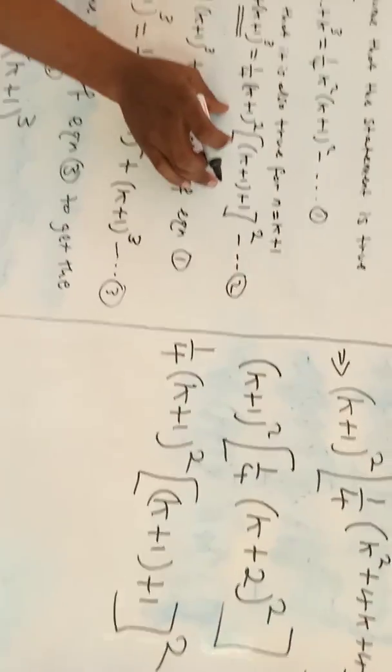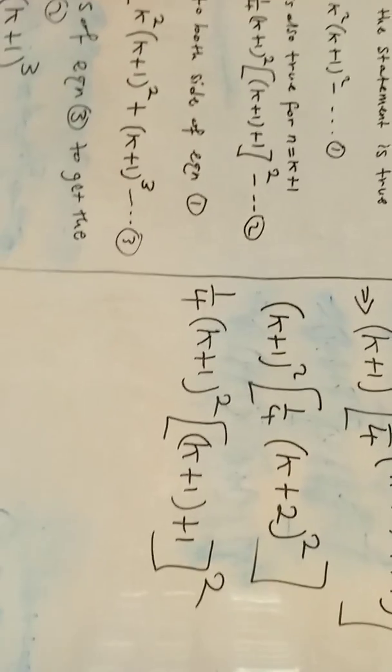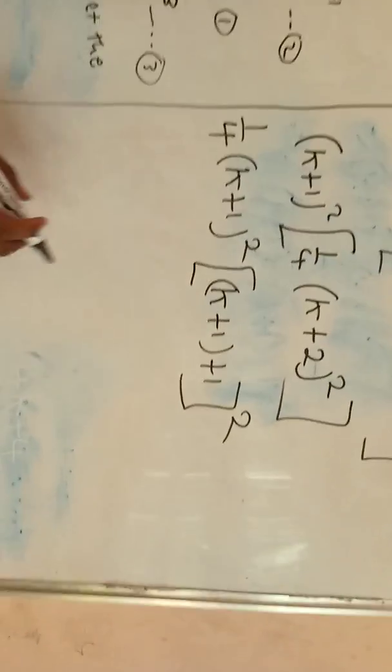You see that this is the same thing as this. So we have gotten the right hand side of equation 2. That means the statement is true. Now we conclude.